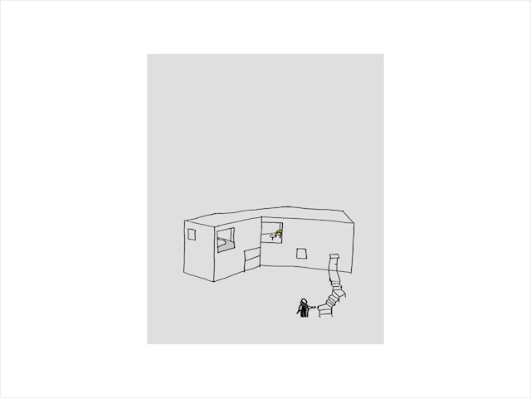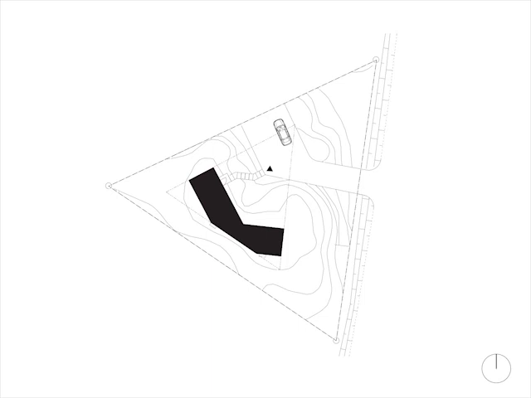And the site is triangular, and it's a little bit sloping. I oriented the house on the top of the little hill and just did a little twist. And with that twist, the whole interior space divides the different rooms.